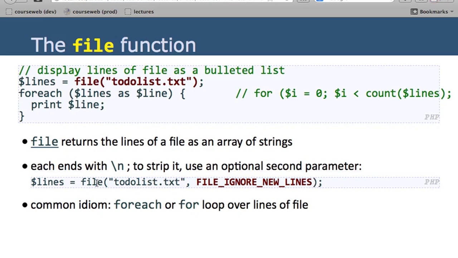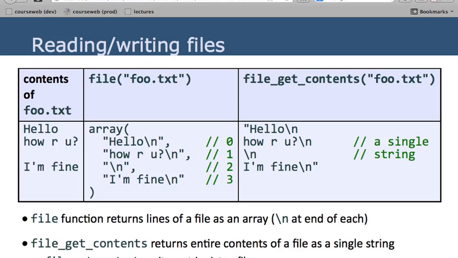An important thing to notice is that this is an array representing the contents of this file. And you notice that even though it split them up on new lines, each element that's returned still has the new line at the end of it. In some circumstances that's not very important, but in other circumstances it's really important.